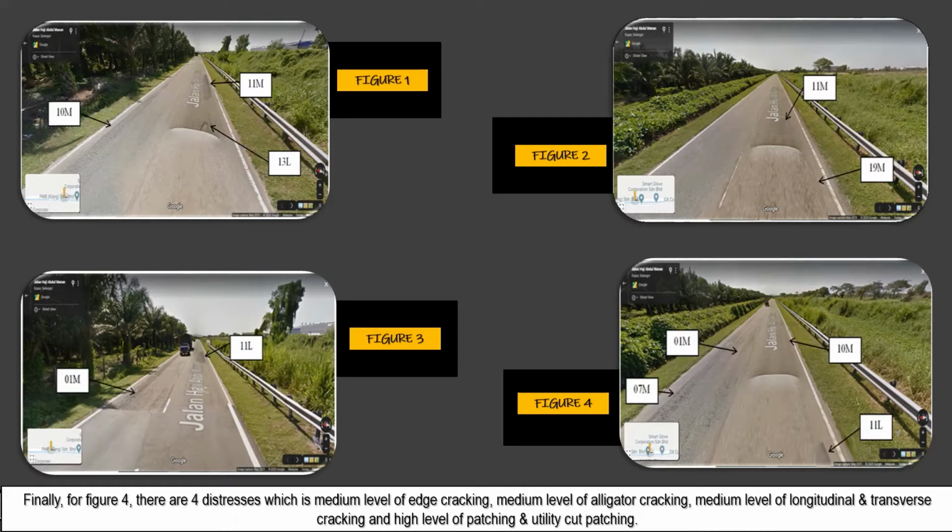Finally, Figure 4 has 4 distresses, which are medium level of edge cracking, medium level of alligator cracking, medium level of longitudinal and transverse cracking, and high level of patching and utility cut patching.